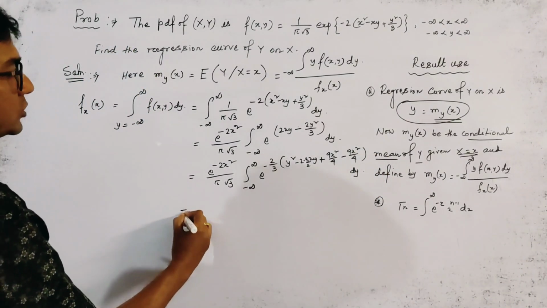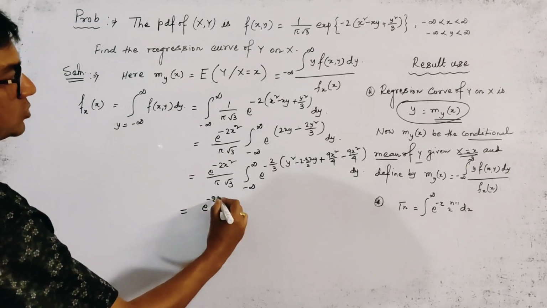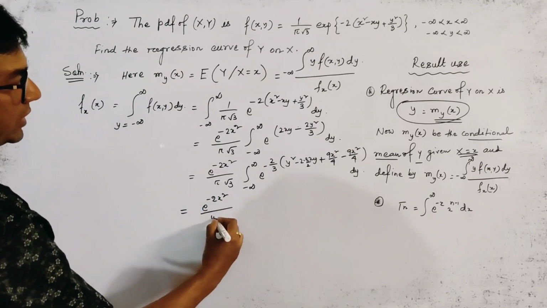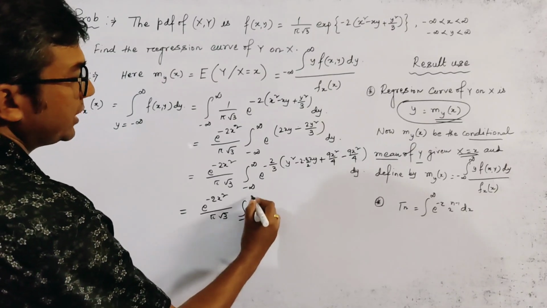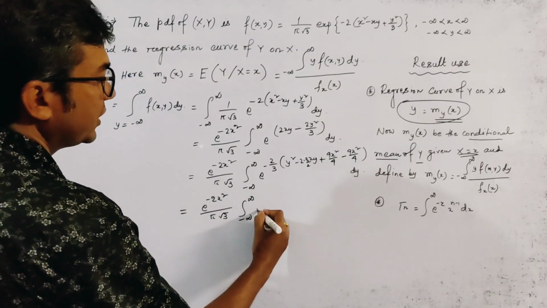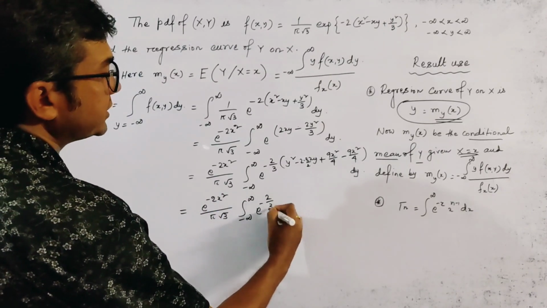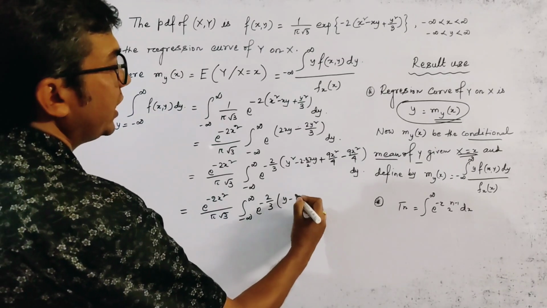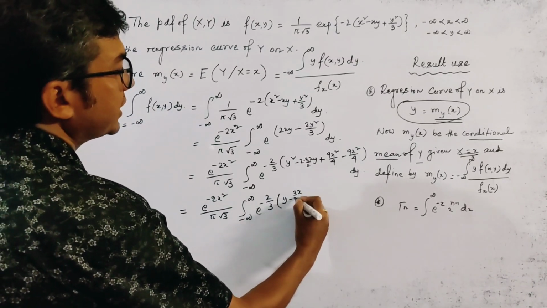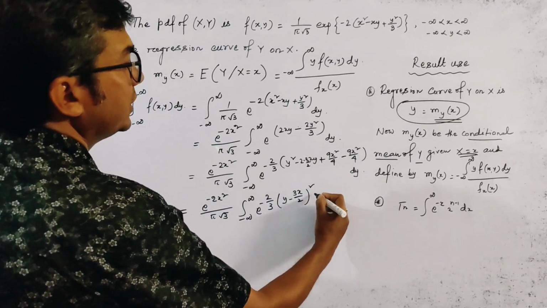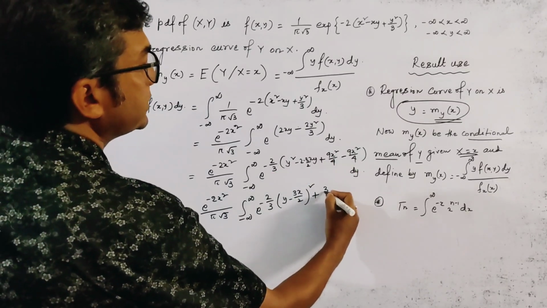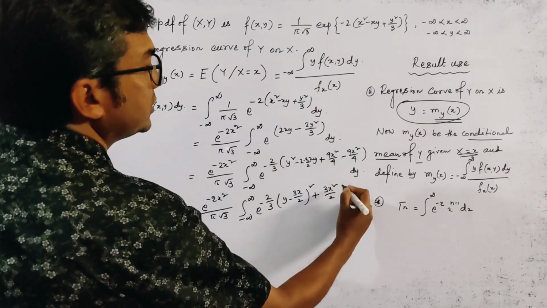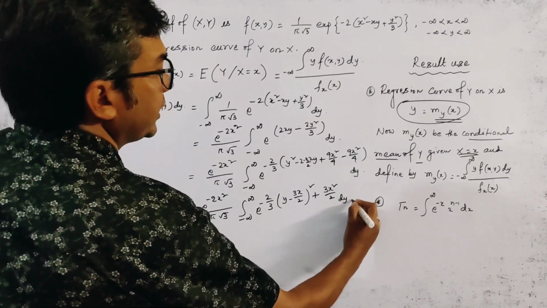Okay, and so e to the power minus 2x square by pi root 3 into the integration from minus infinity to infinity of e to the power minus 2 by 3 into (y minus 3x by 2) whole square plus 3x square by 2, dy.